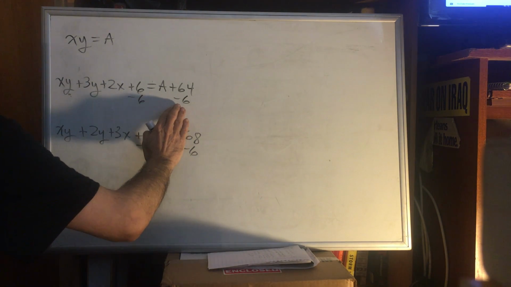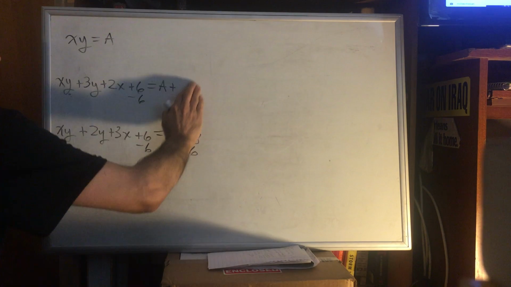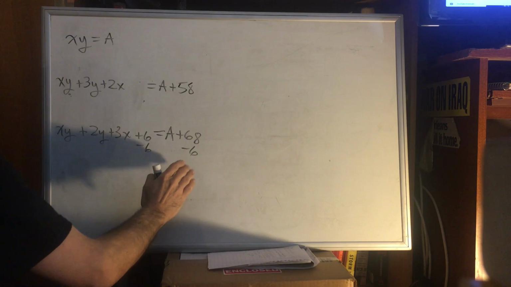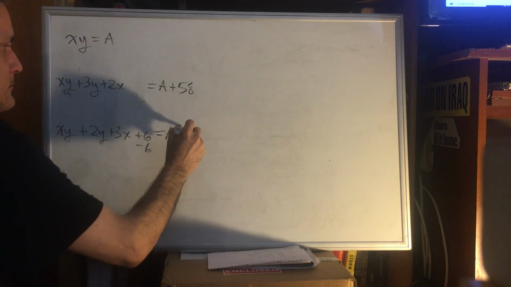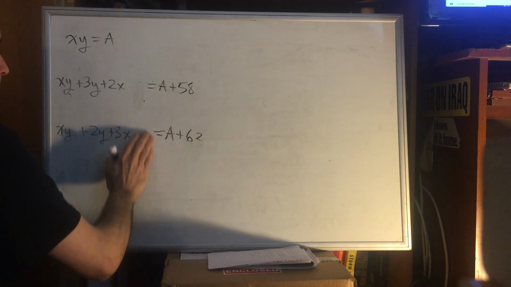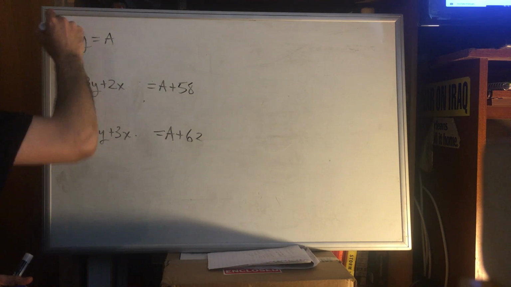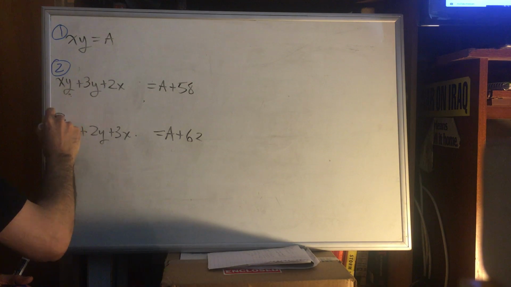Okay, so this is going to be 58. And this is going to be 62. All right, I'm going to call this the first equation, the second equation, and the third equation.